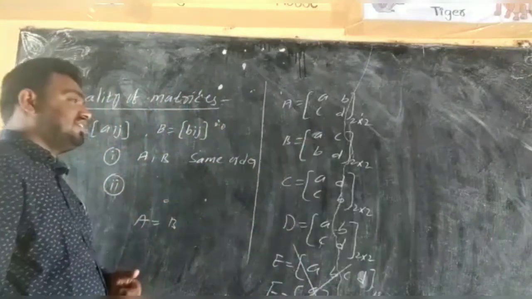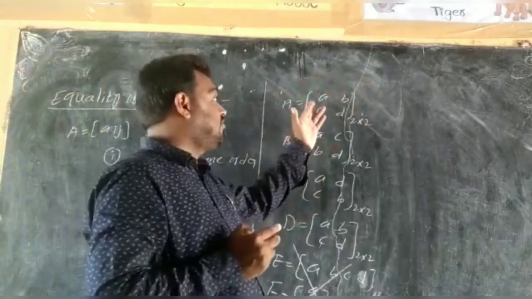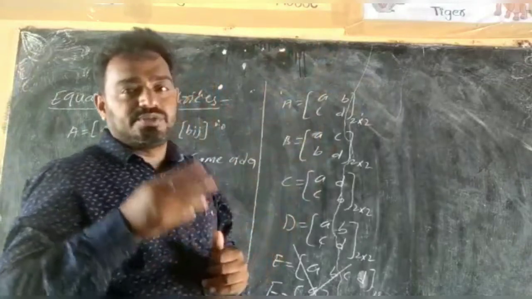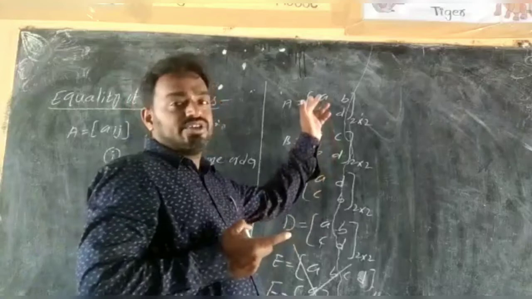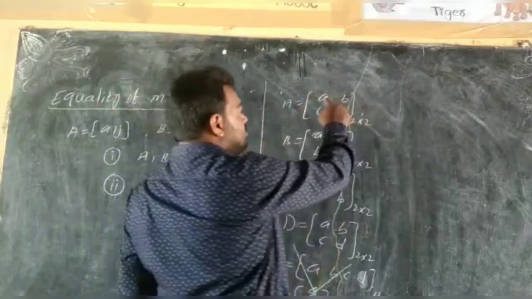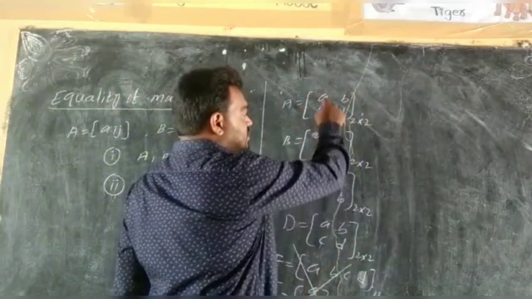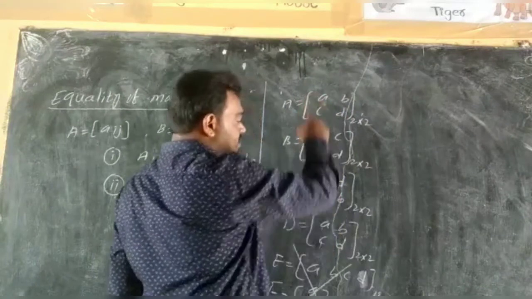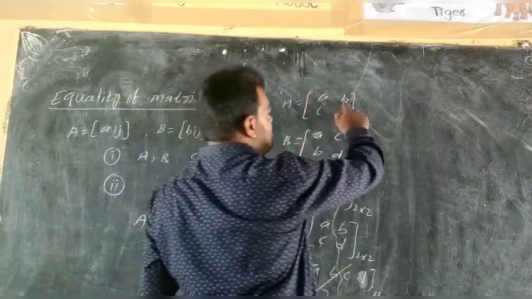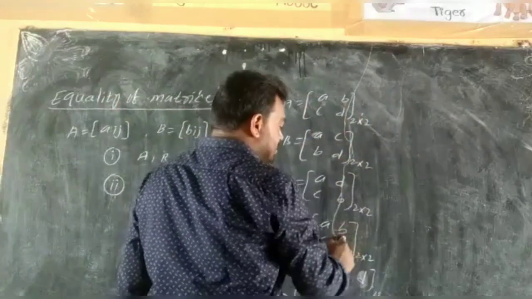Next, coming to the second condition: every element in A is equal to the corresponding element in B. Corresponding element means one position equals the same position. You see, in the first position, A, B, C, D all have the same element. Coming to the next position, here B is there, here C is there, here D is there, here B is there.